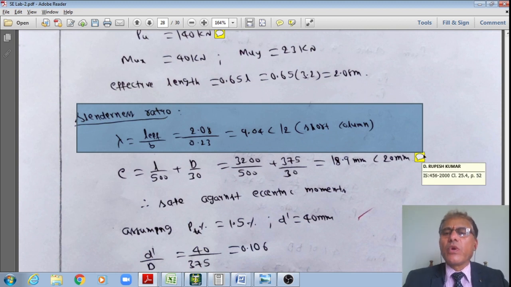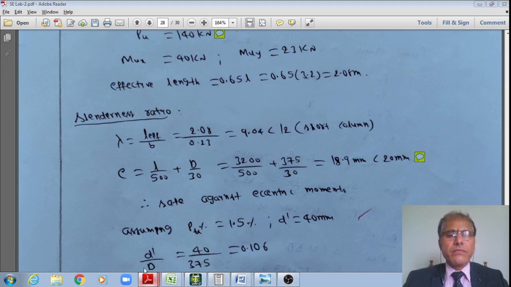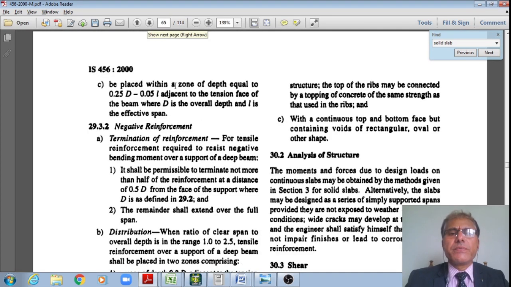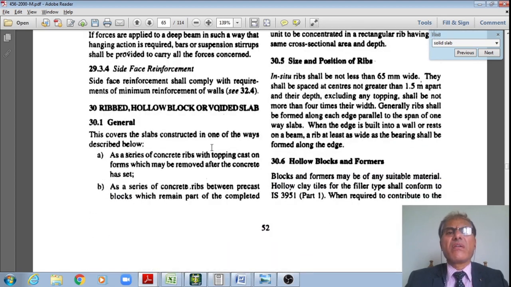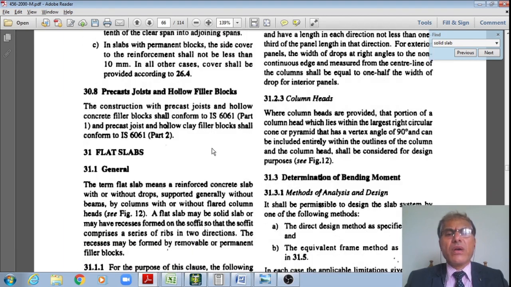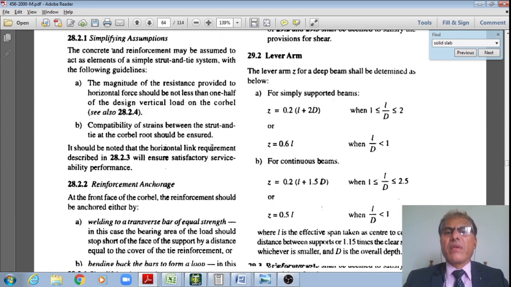However, even as per this code specification, as per IS 456 page number 52, I do have the minimum eccentricity.